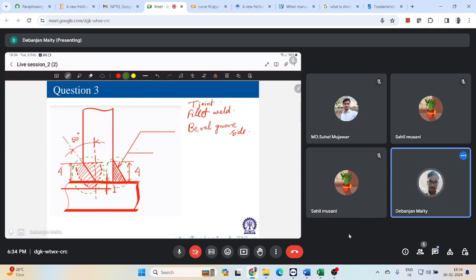So let's say fillet weld is my first operation, and this bevel group joint is the second operation, right? So if my first weld operation is fillet weld, I will put those specifications over here, right?